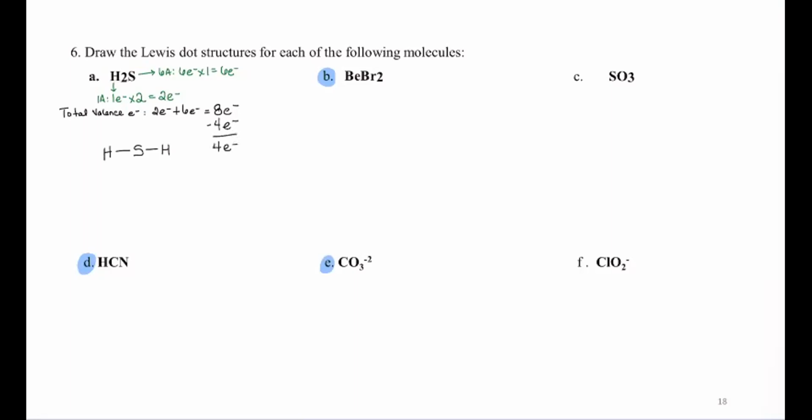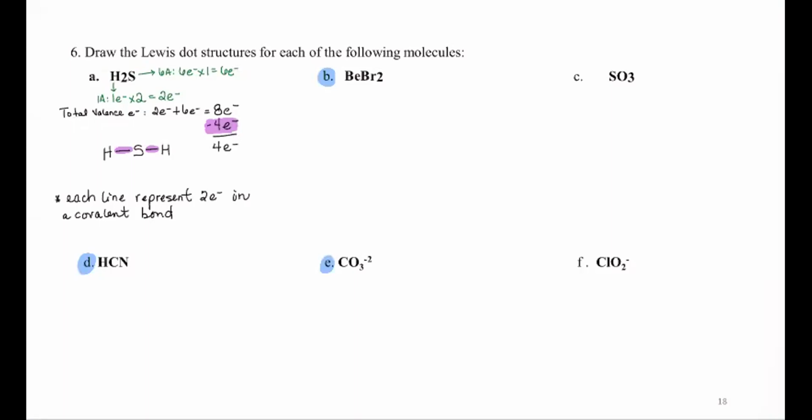I subtracted those electrons because these lines each represent 2 electrons. Hydrogen, if it has a line, it doesn't get any dots.